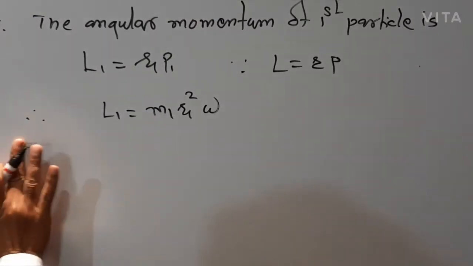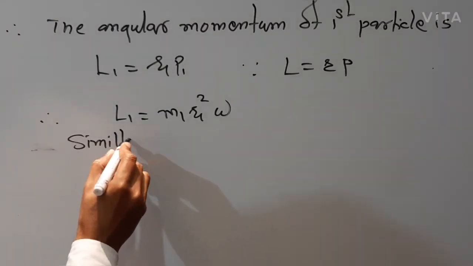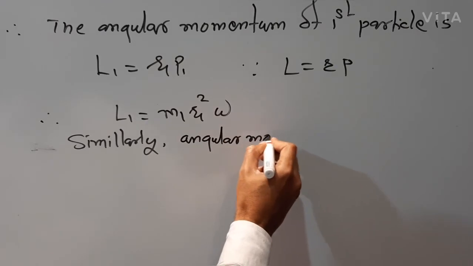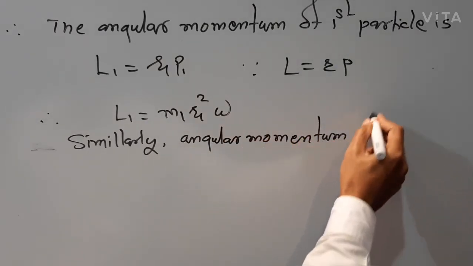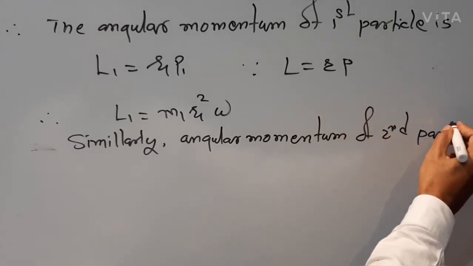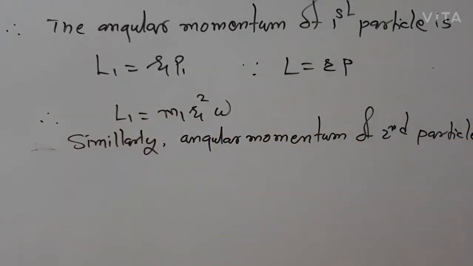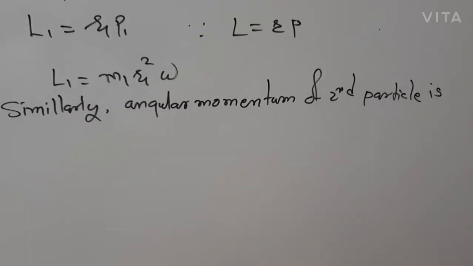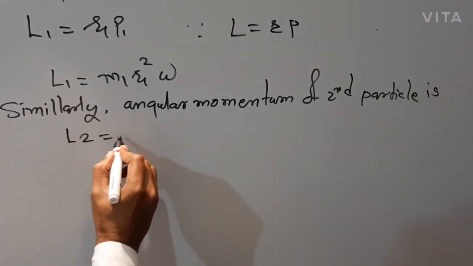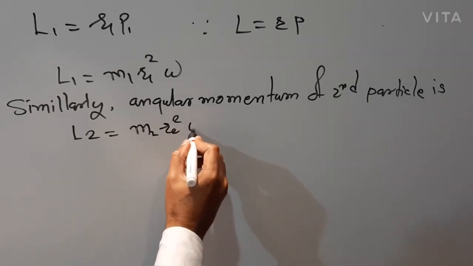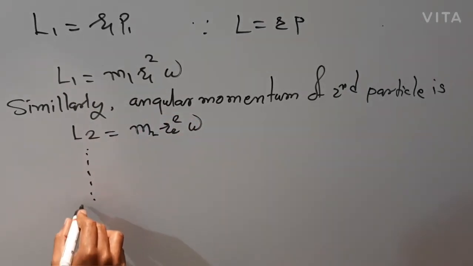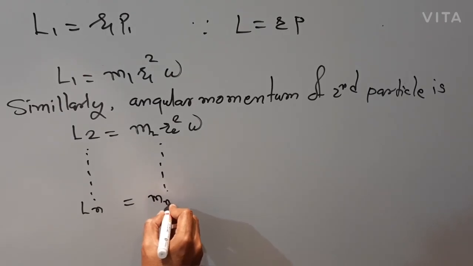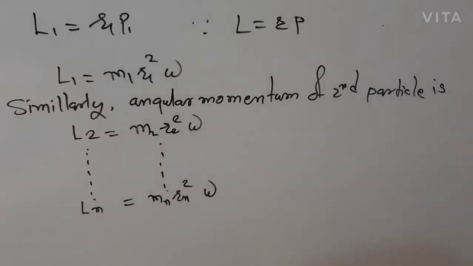Similarly, the angular momentum of the second particle is L2 is equal to M2 R2 square omega, and the angular momentum of the last particle is Mn Rn square omega.